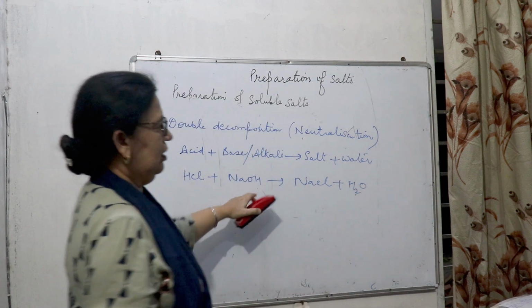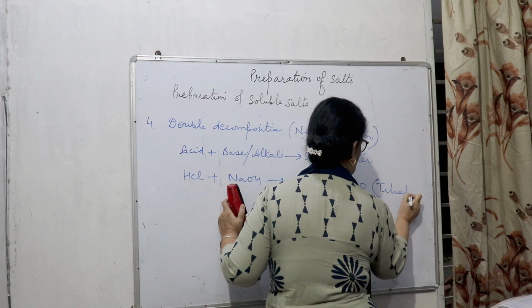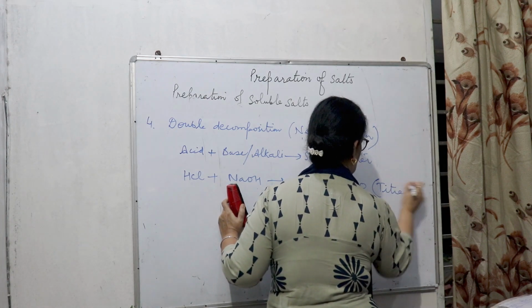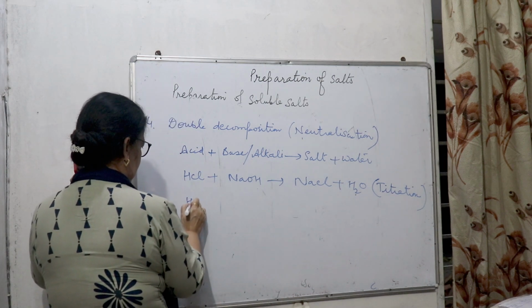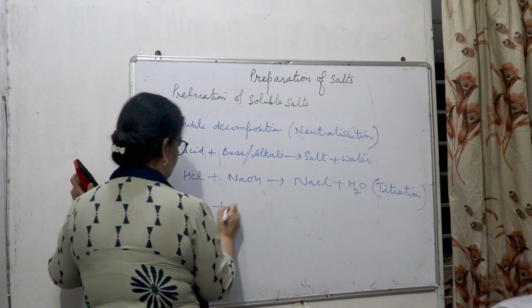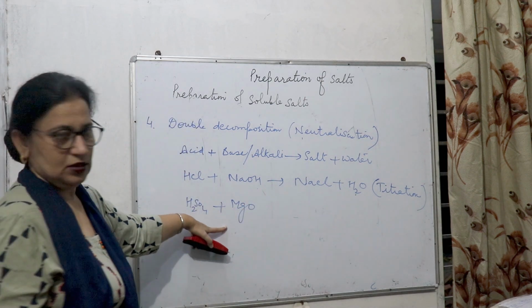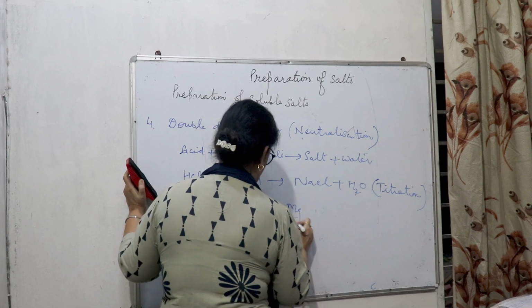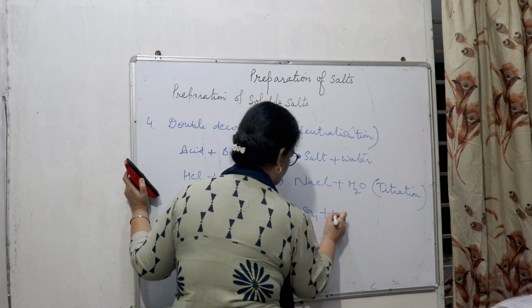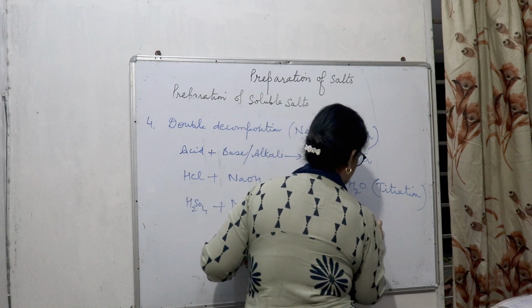This is called titration. Another, that is H2SO4 plus MgO. MgO is a base, it is not an alkali. So that gives MgSO4 plus water, and this is called neutralization.